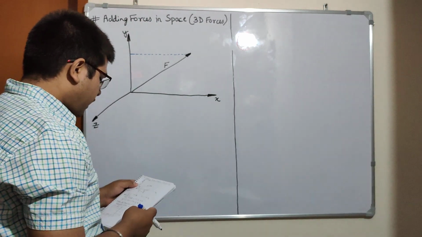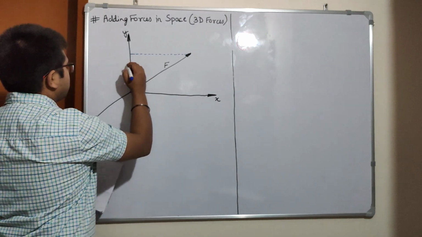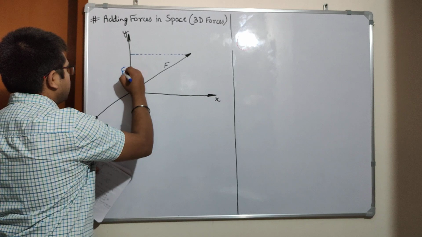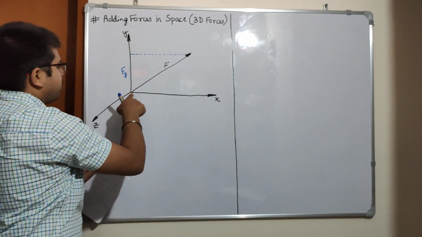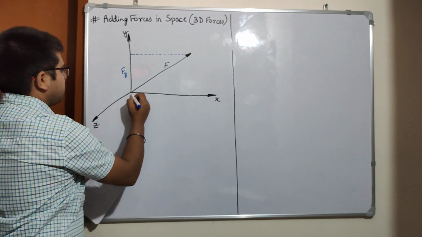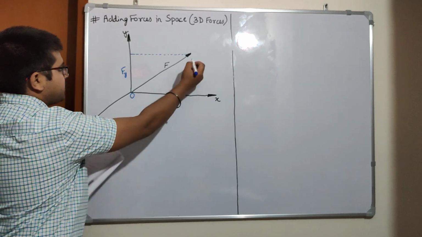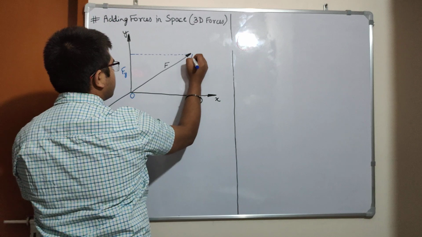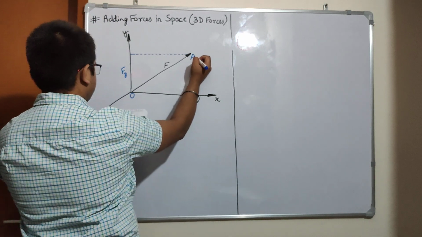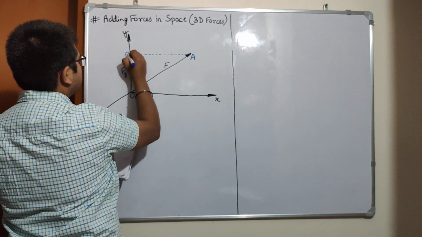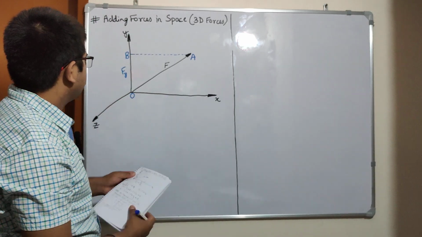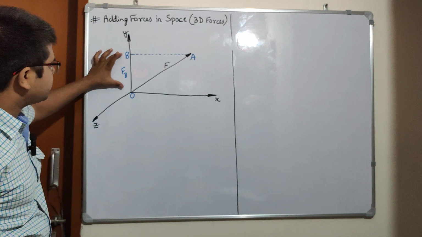So this is the Fy component. From here O to, let's say this is A, this is B, so this is Fy component here. This portion is Fy.